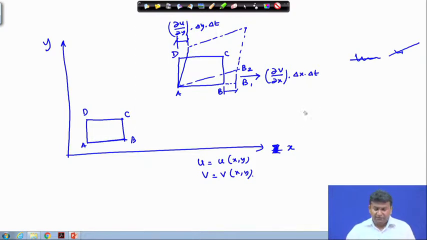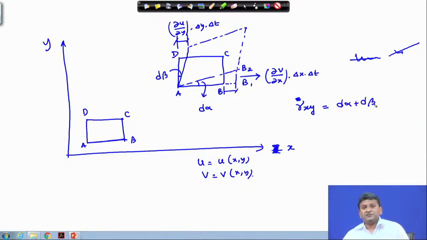So the total angular deformation, if we mark this as d alpha and this as d beta, is d alpha plus d beta.